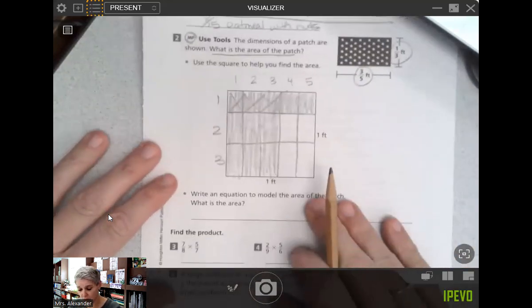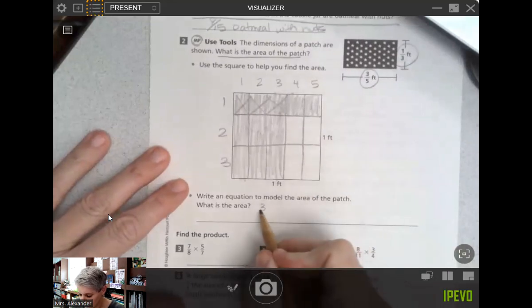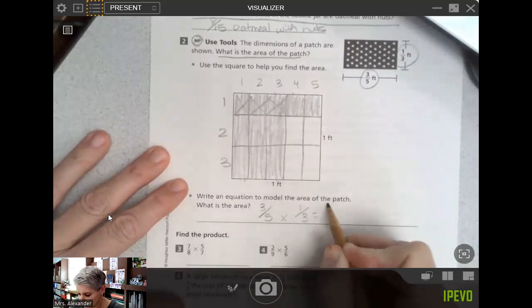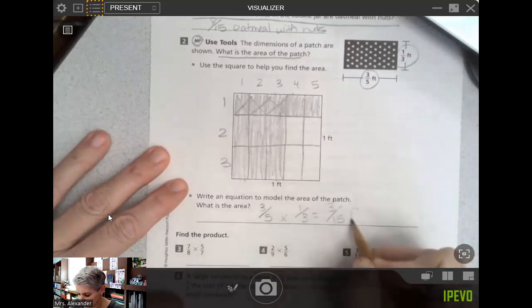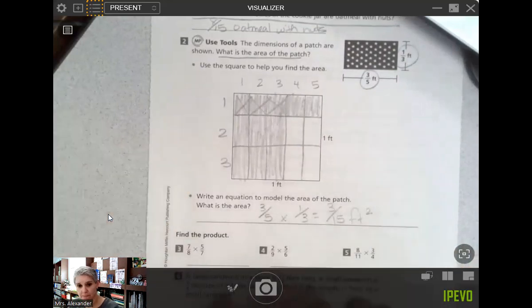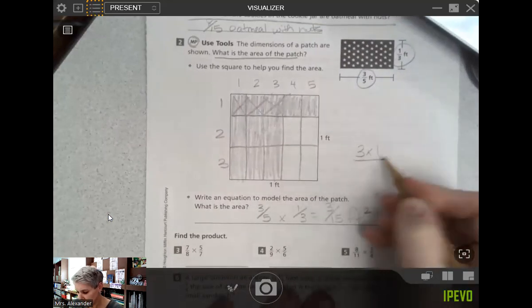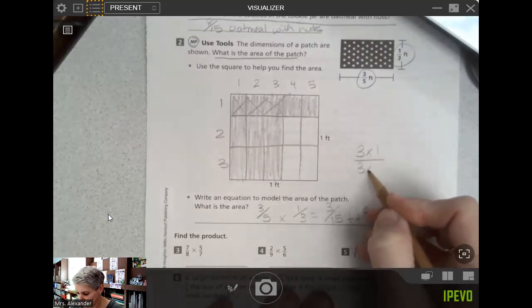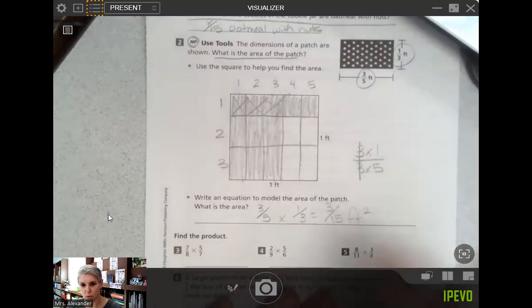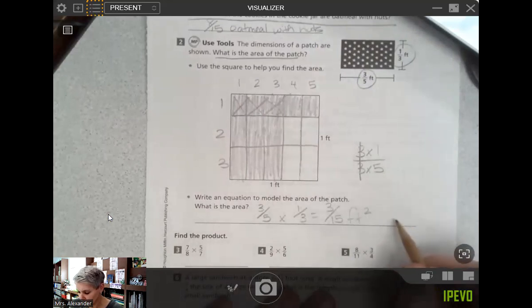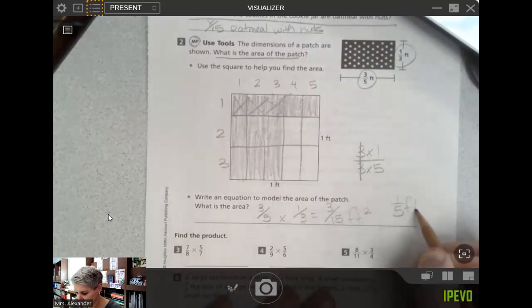The equation that would go with it, 3/5 times 1/3, we could say that is 3/15 of a square foot. If you are doing the simplifying that we talked about in class, you might rewrite it like this and find that number 1 in disguise. And then in simplest form, another answer could be 1/5 square feet.